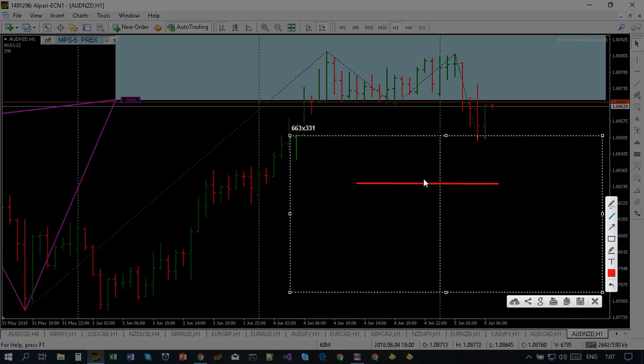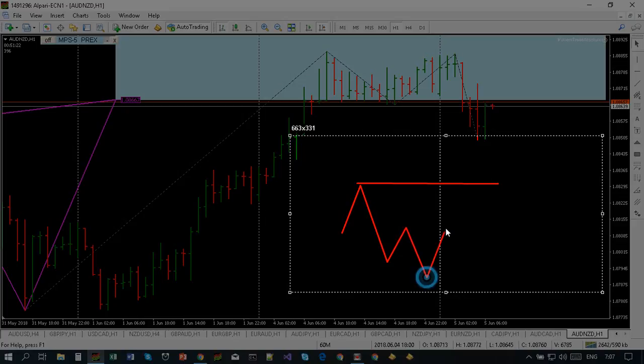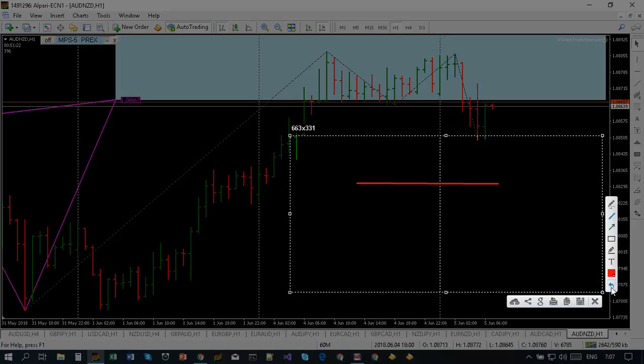It doesn't matter how you identify this resistance. Maybe it was previously tested, and now it is a potential resistance, or maybe it is a simple retracement.